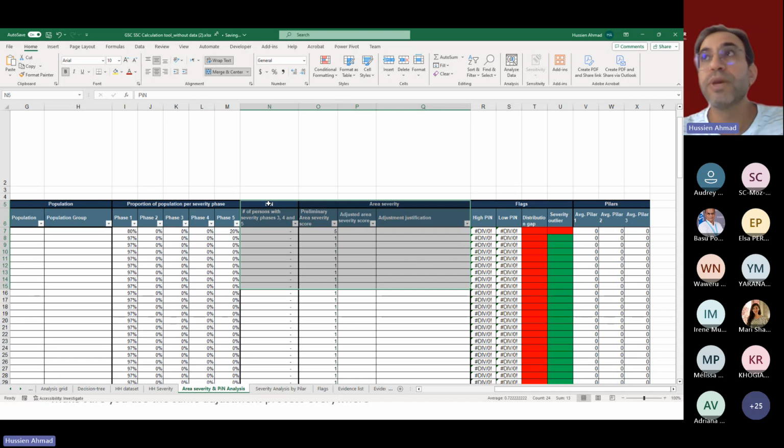We need to make sure the figures reflect the reality. If yes, how they contribute to what we want to implement, the response that we will plan, etc. We'll explain those figures. And if not, we need to adjust and make sure that our final analysis reflects the reality.